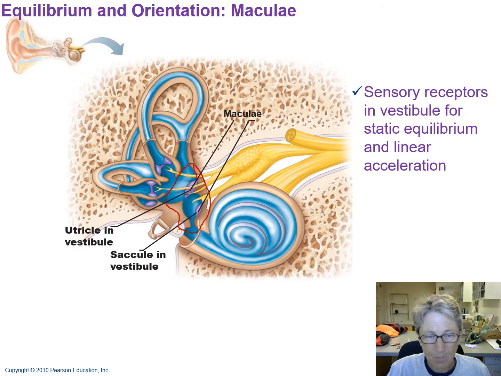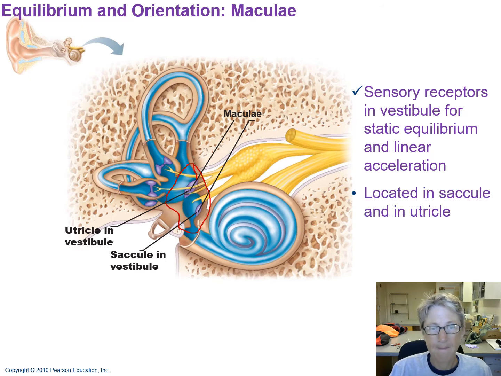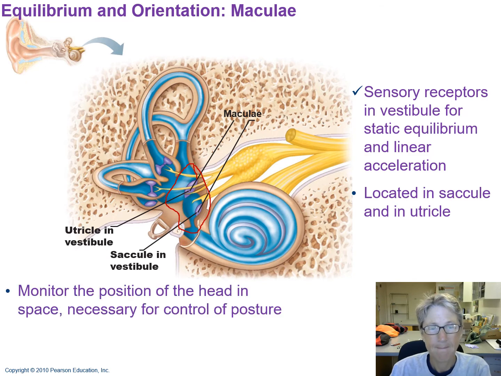And those receptors actually live in the maculae of the utricle and the saccule. These receptors basically monitor the position of your head in space, and they're necessary to control your nice upright posture.